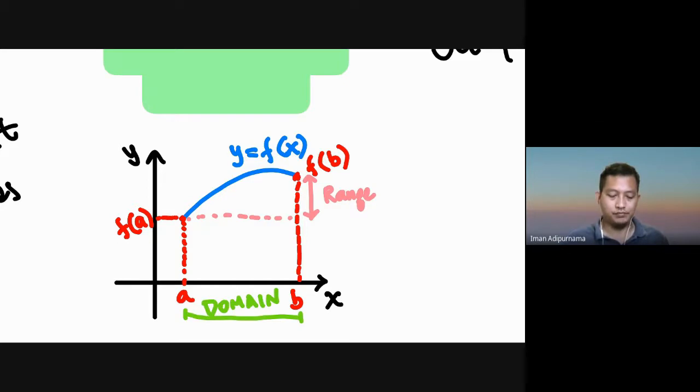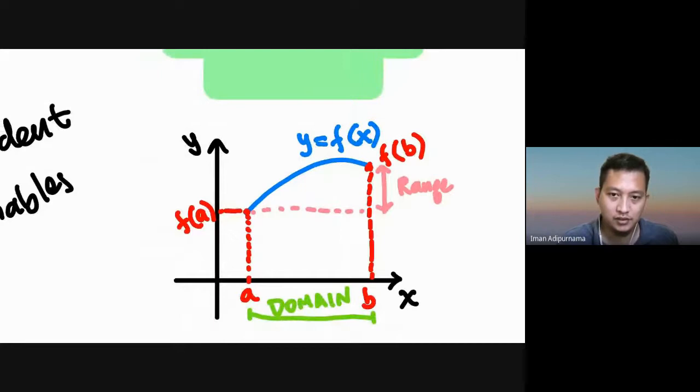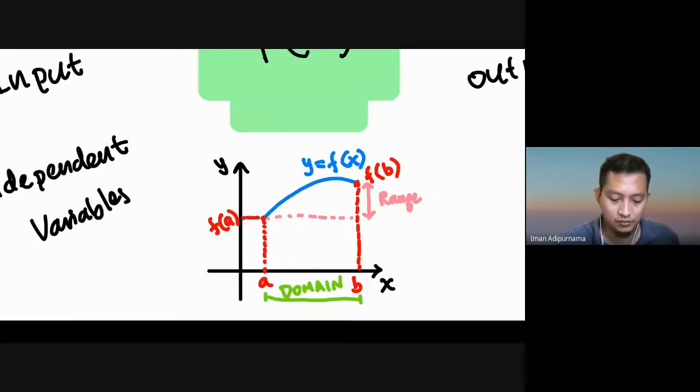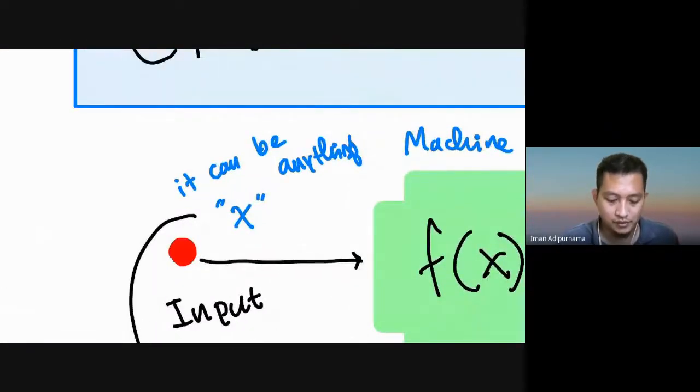Domain and range become important because everything outside of the domain cannot enter, right? Like I said at the beginning, x can be anything, but I will add: within the domain.